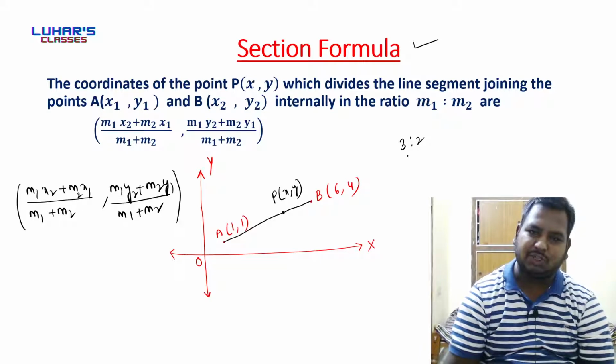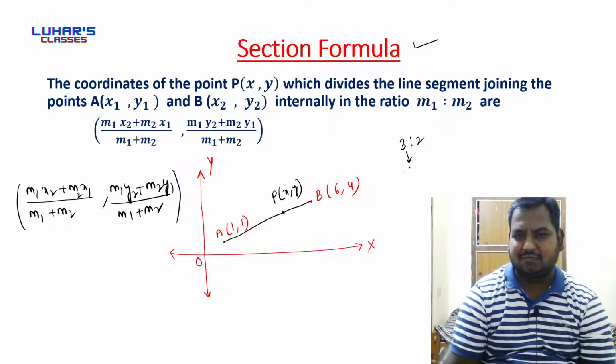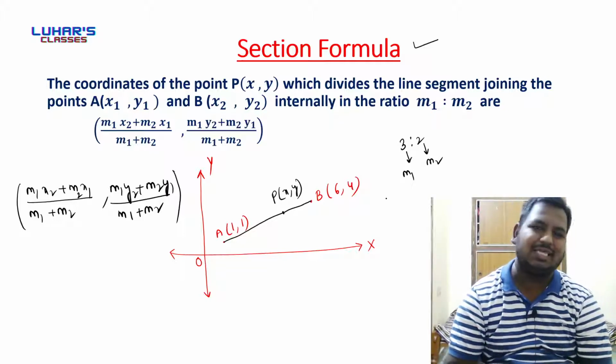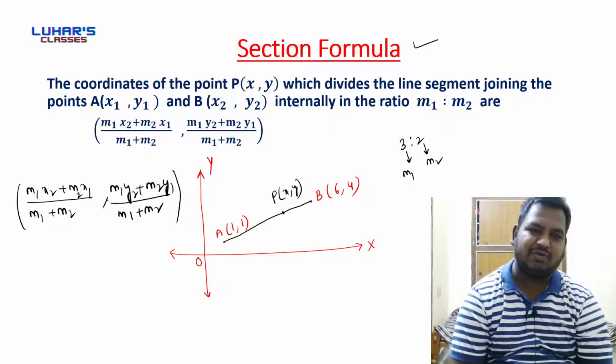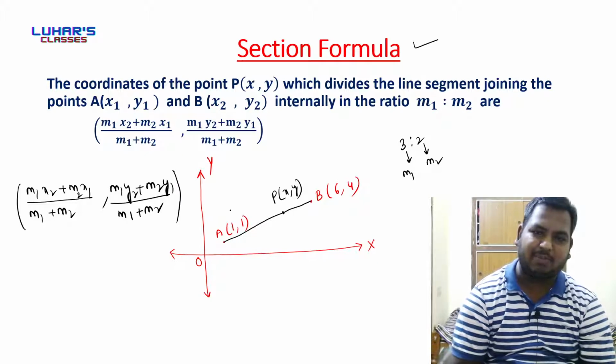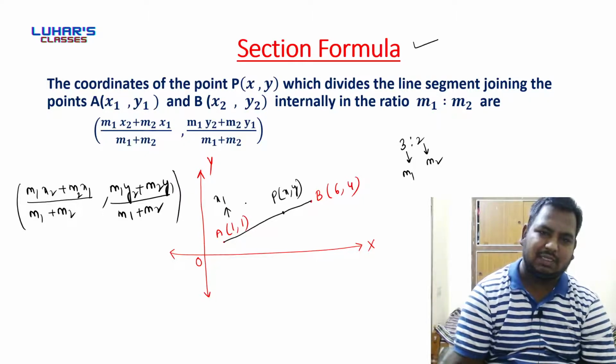We have the ratio 3:2. You can consider 3 as m1 and 2 as m2. You can say m1 is the antecedent and m2 is the consequent. Next, what about x1, x2, y1, y2? Here we have point A of 1 comma 1, so this can be assumed as x1 and this is y1.